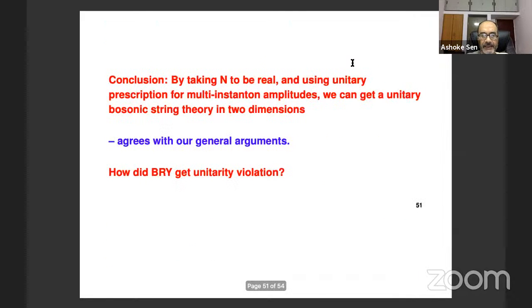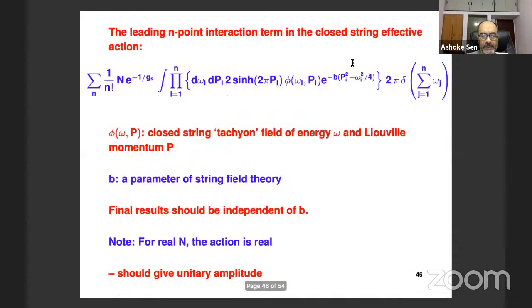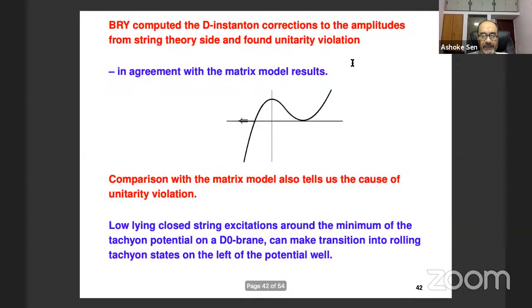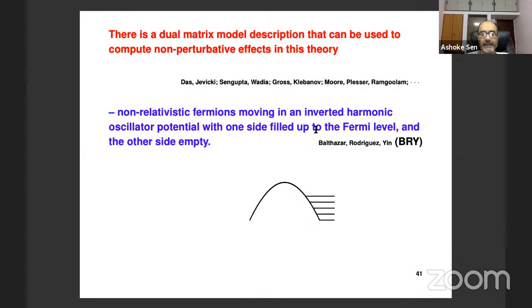And then we ask, is it possible, for example, to modify the matrix model? Okay, let me put the question from the opposite perspective. Let's imagine that the potential here actually turned up, far away. It is not going to affect the perturbative part of the amplitude.